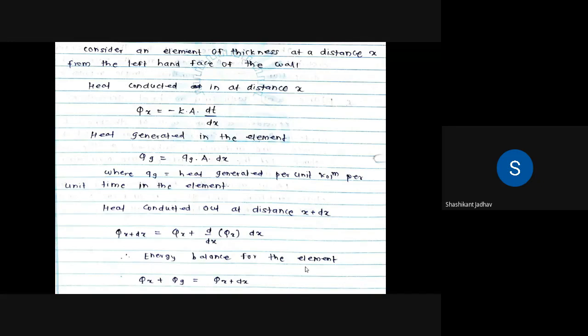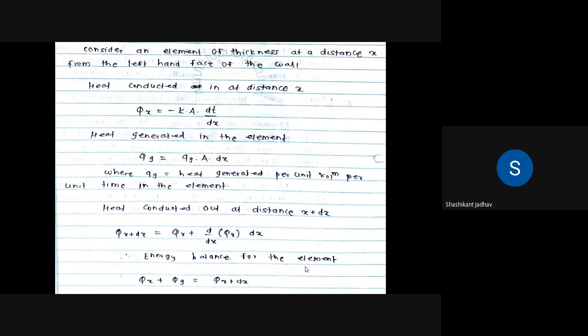Higher order terms will also arise, such as d square T upon dx square, and d cube qx upon dx cube, but the value of higher orders is less. So we remove those terms and take only the terms having significant value. So qx plus dx is equal to qx plus d by dx of qx into dx.